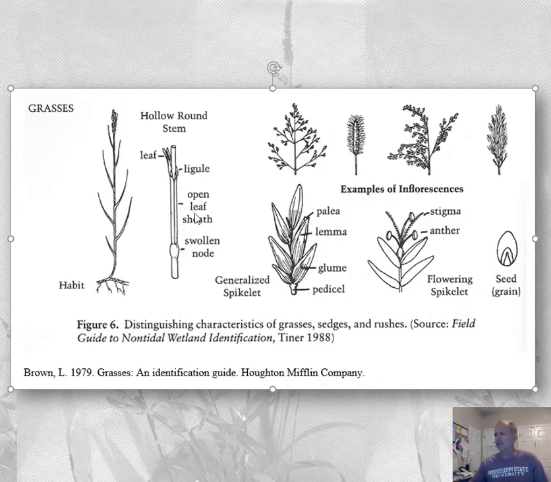The next illustration here is showing the sheath that's open. If you've seen the video where I work through the Knoebel key to grasses, sedges, and rushes, and the one where I work through the Godfrey and Wooten to get to the grass and sedge families, one of the characters there was this sheath, where you have a node, or I think it's called a joint in one of the keys we saw.